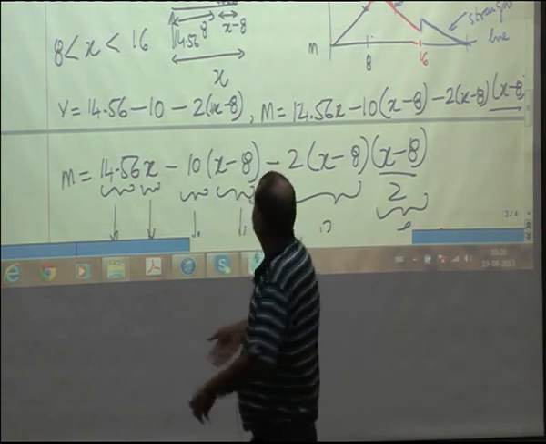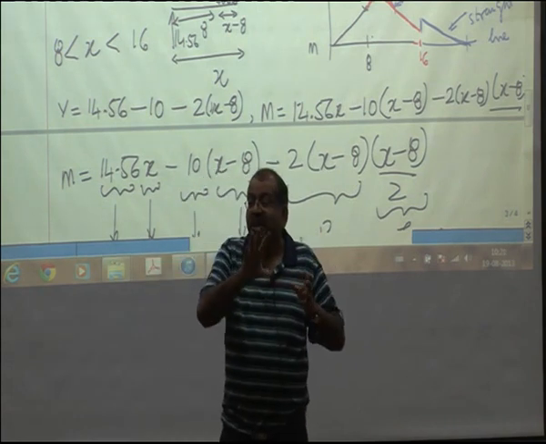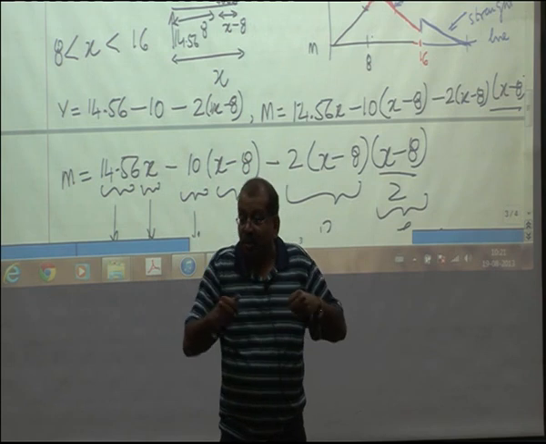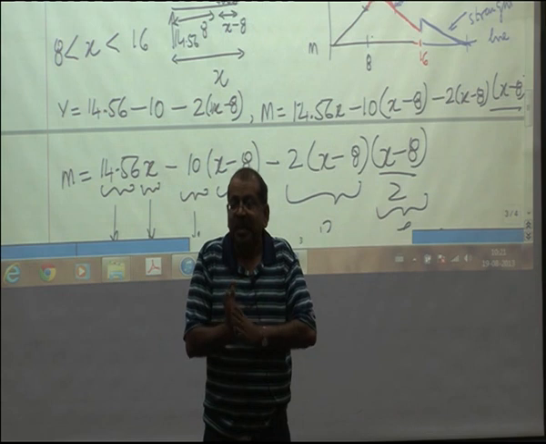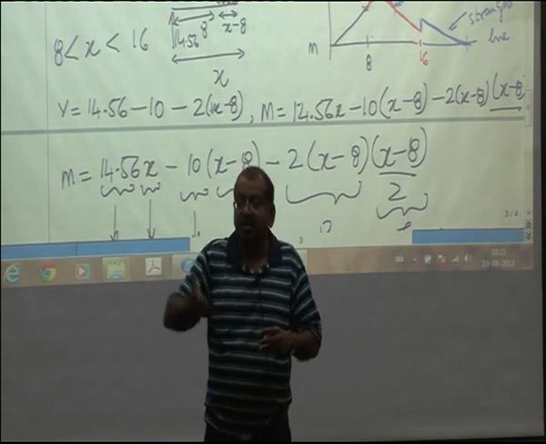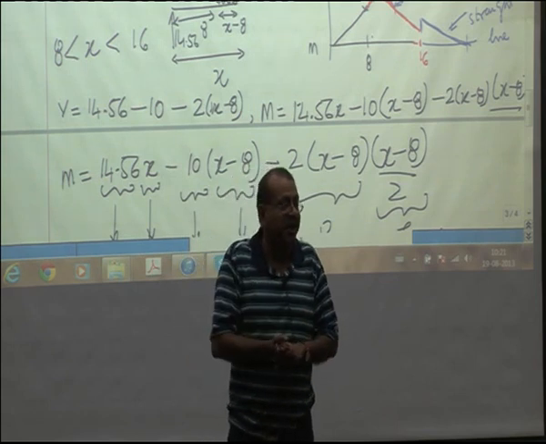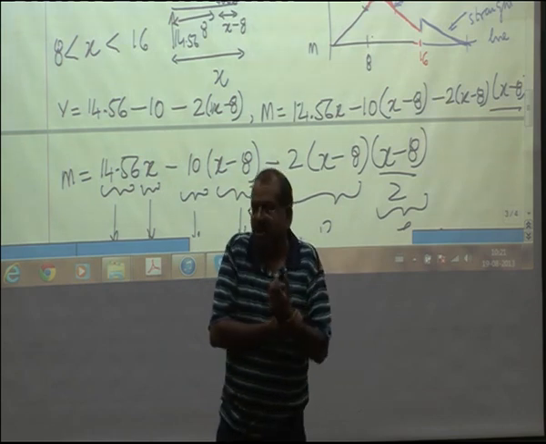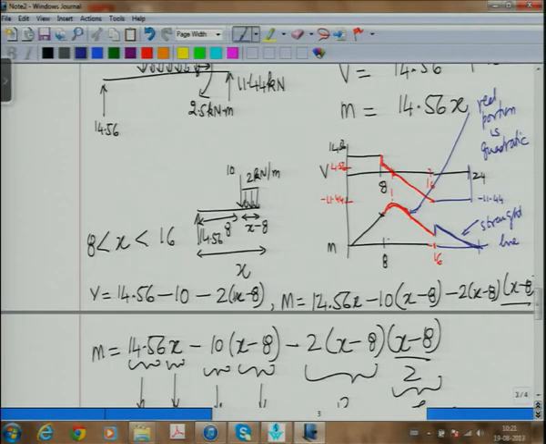Then we learned from this, if there is a concentrated moment, what effect it has on the bending moment diagram and on the shear force diagram. Effectively nothing to the shear force diagram, but in the bending moment diagram it will create a jump, just as a point force creates a jump in the shear force diagram. So with these simple rules we can work out the concept of shear force and bending moment and the diagrams. Is that clear?